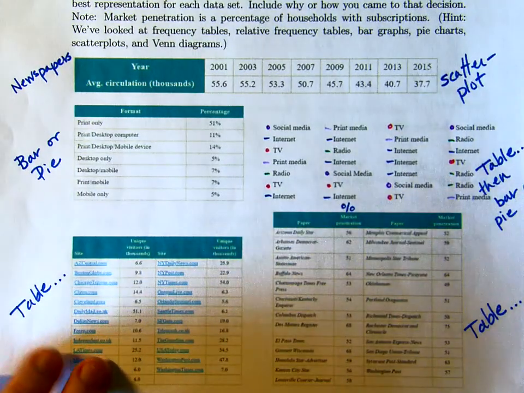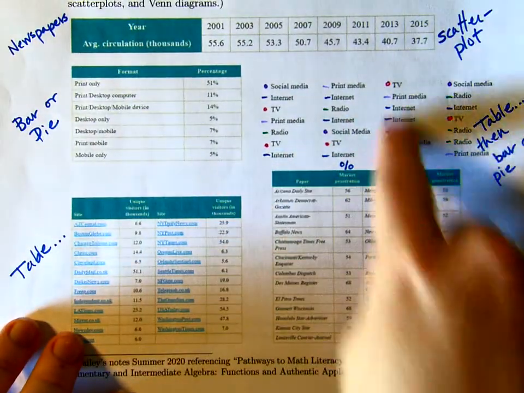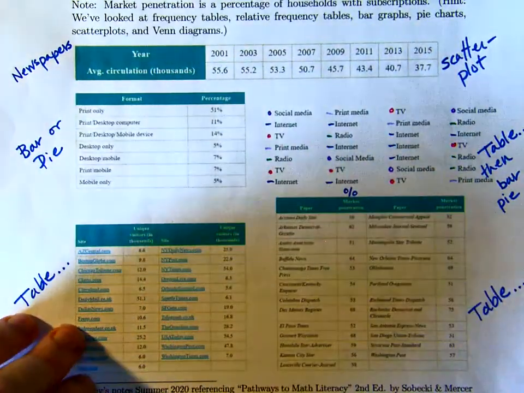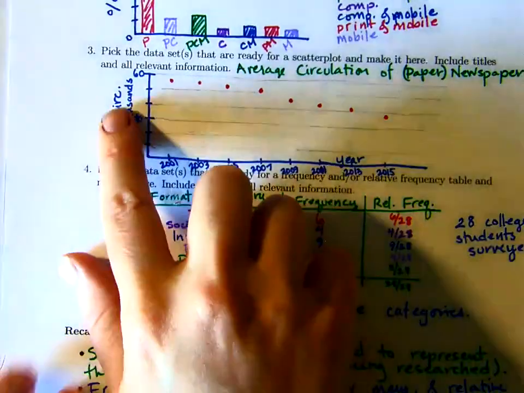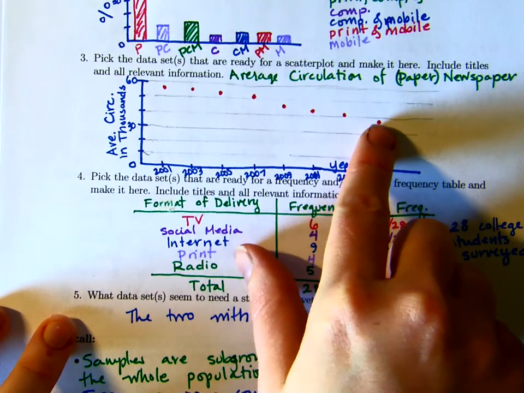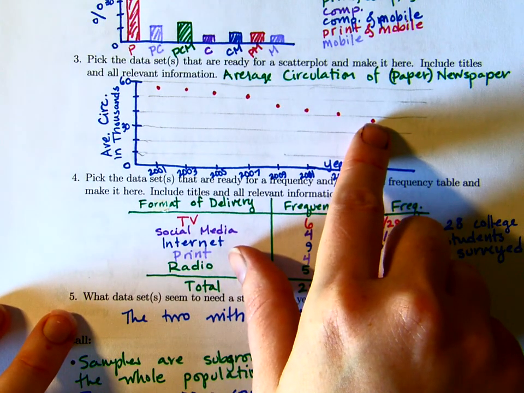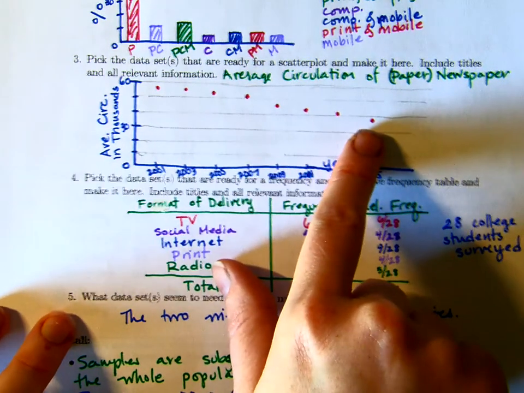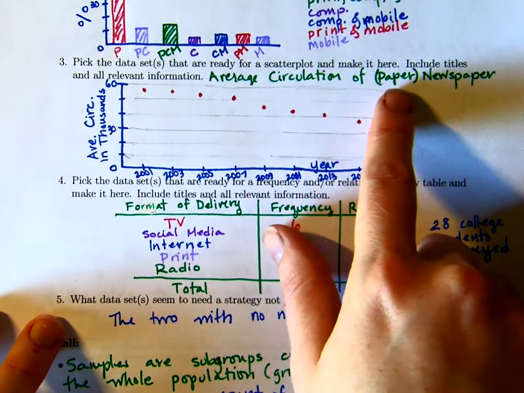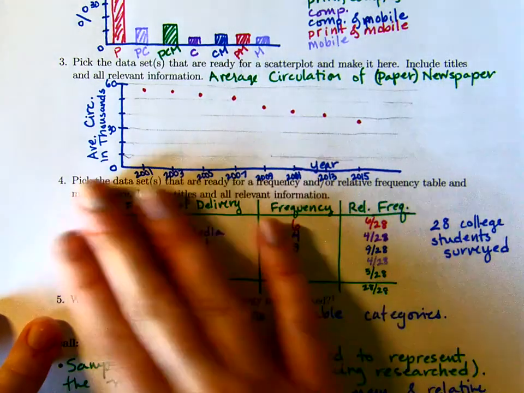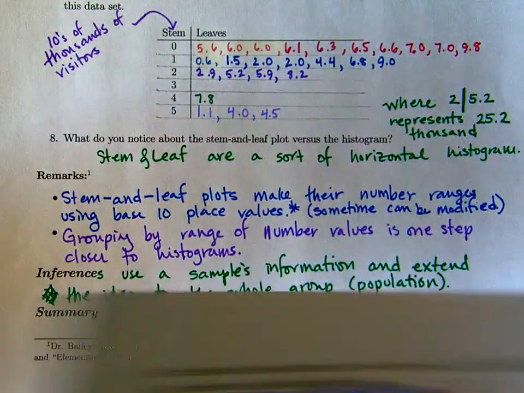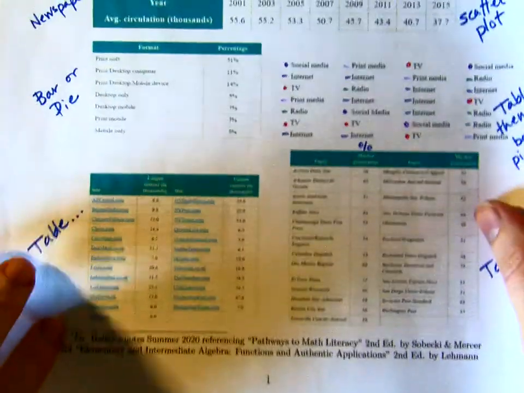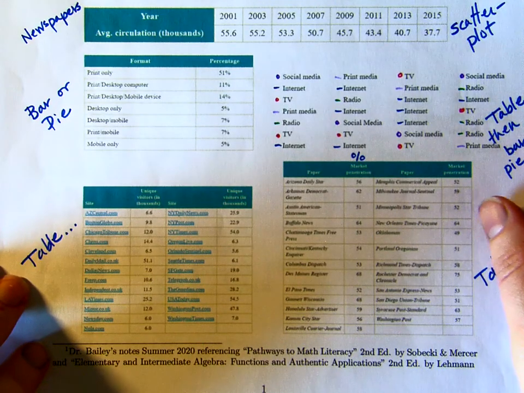And in the end, what I would also like to say in summary is that really this scatter chart started this chain reaction. When people saw the scatter plot and saw that the number of people getting newspapers was going down, then all of a sudden they were like, you know what? We should look at more data. And if we look at all of this data put together, it tells a very different story.